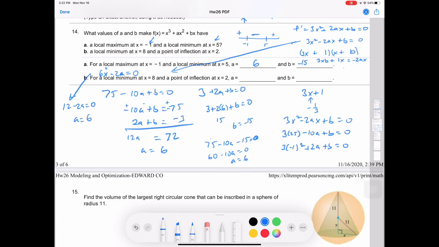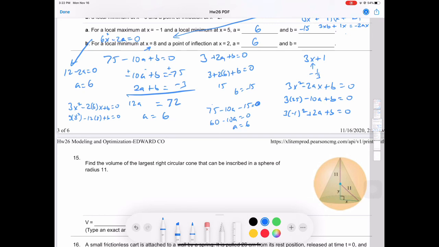Okay, if a is 6 here, the b value, we can go back to our last equation, 3x squared minus 2ax plus b is equal to 0. And then we said we know that there's a local minimum at 8. So we just plug in the 8. 3 times 8 squared minus 12 times 8 plus b is equal to 0.